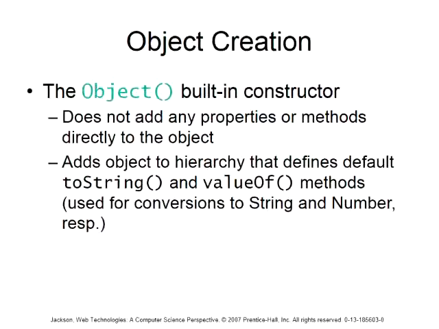The Object constructor does not add any properties or methods directly to the object. For example, it adds the object to a hierarchy that defines default toString and valueOf methods used for conversion to string and number.